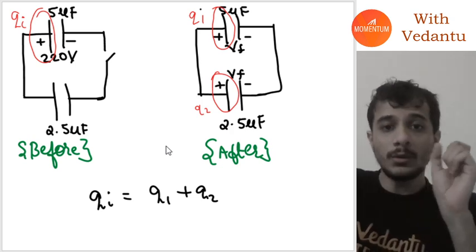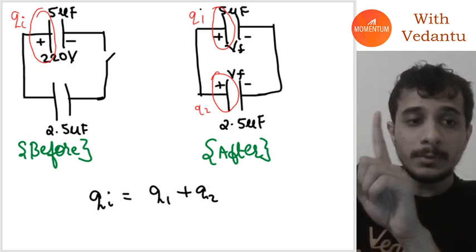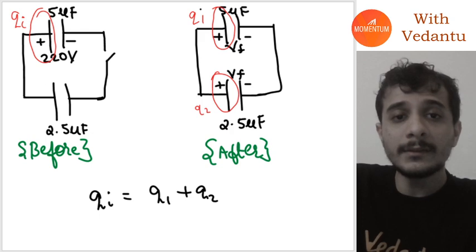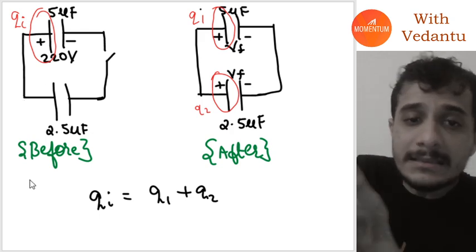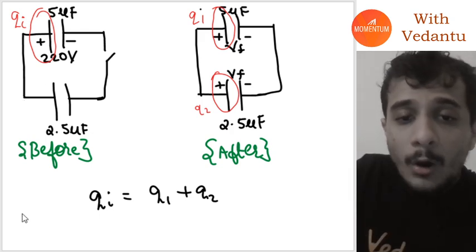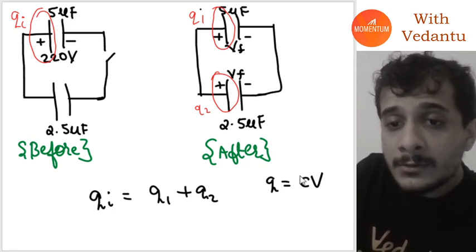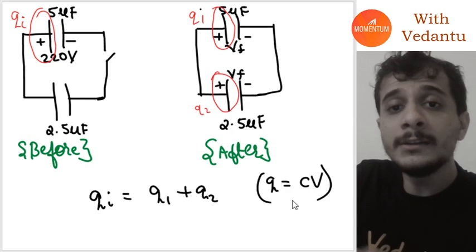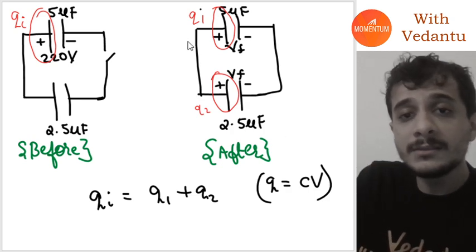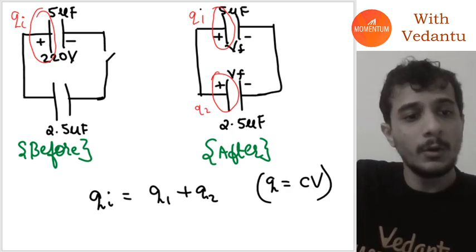Since this is a capacitor, we will always use the formula Q is equal to C into V, and using that we can find the charge on all three capacitors. Let's try to do that.